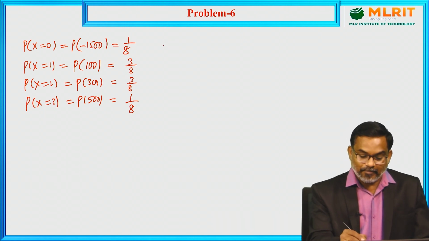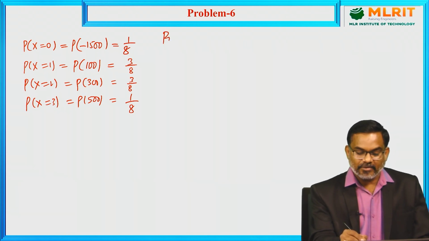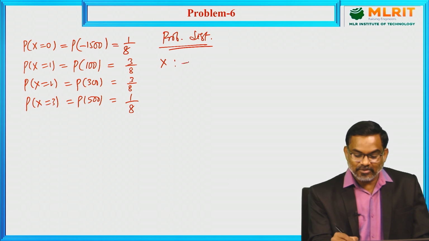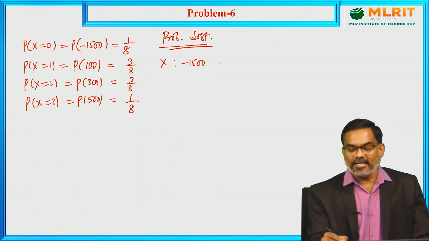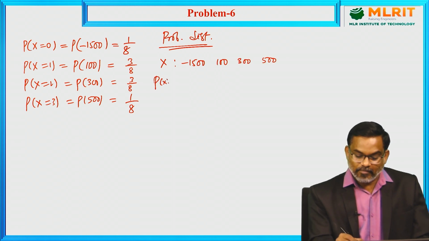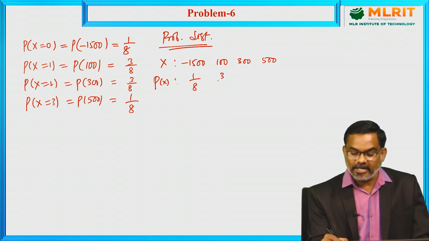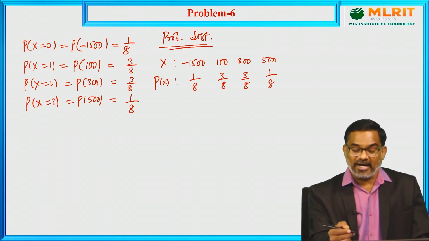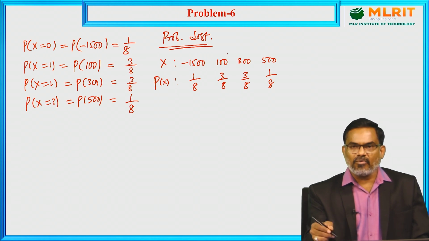Hence, the probability distribution in the present game is given by x values as the amount: minus 1500, 100, 300, 500, and the corresponding probabilities we have just calculated: 1 by 8, 3 by 8, 3 by 8 and 1 by 8. In fact, in this experiment, if x denotes the number of heads, the values must be 0, 1, 2 and 3.